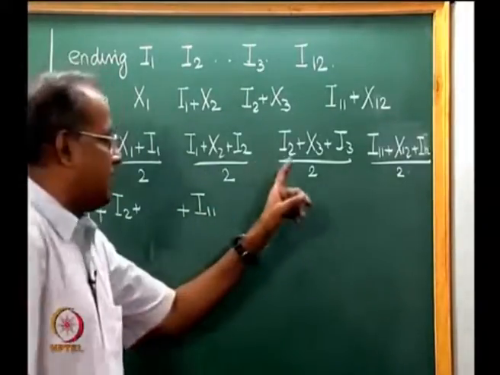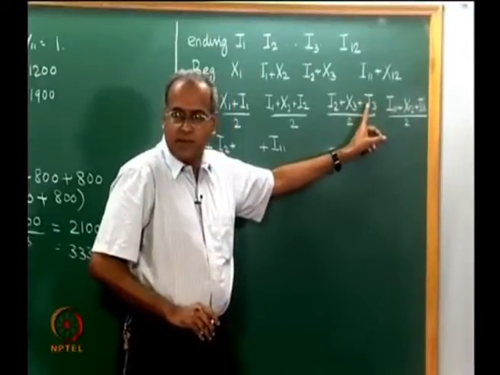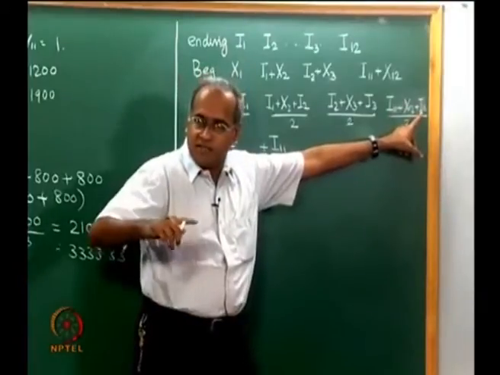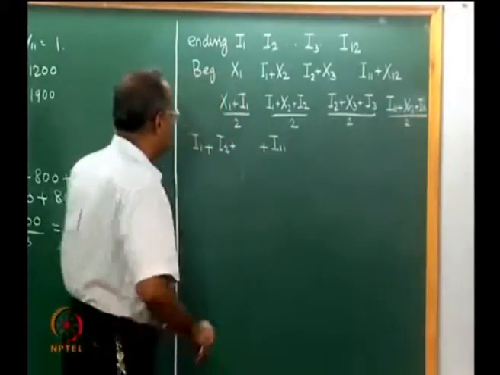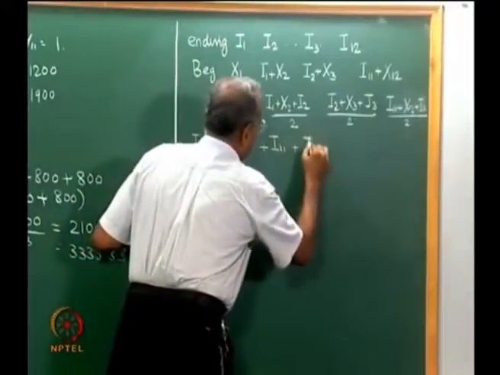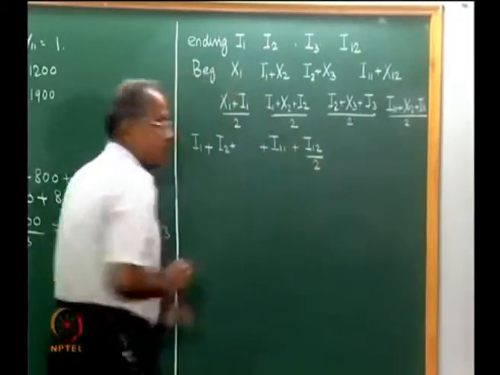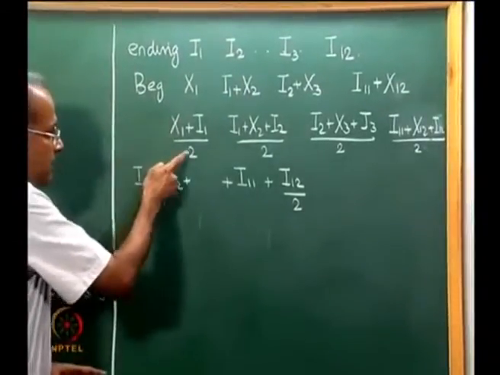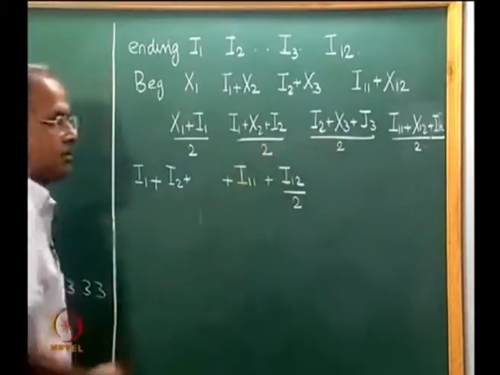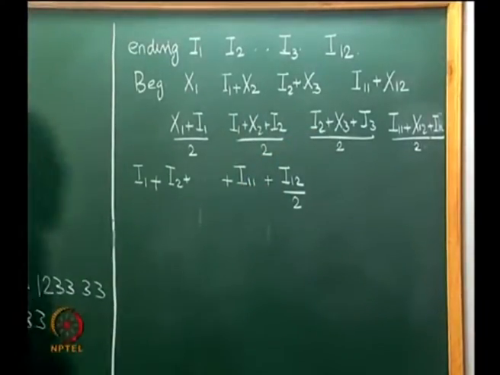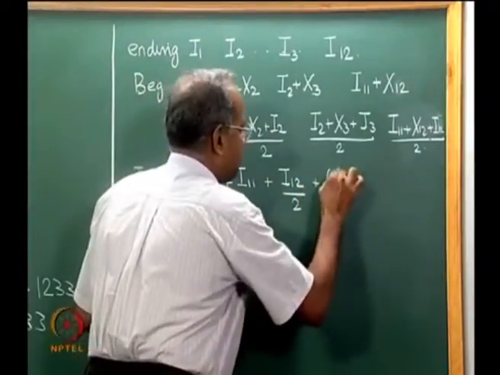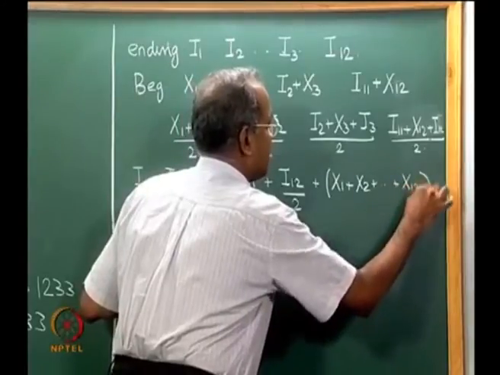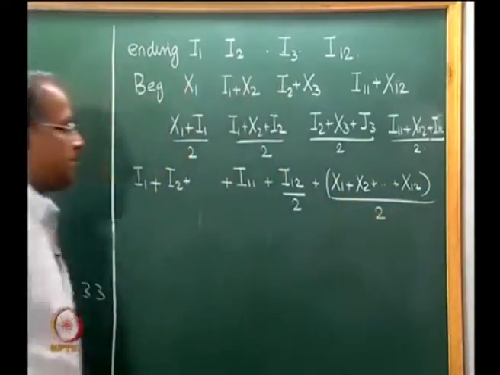The I11 will have a term from the previous, apart from here. I12 does not have a succeeding term because that is the last period. So up to I11 plus we will have I12 divided by 2, and then we are going to have x1 by 2 plus x2 by 2 plus x3 by 2 up to x12 by 2. So this will be plus x1 plus x2 plus etc. plus x12 divided by 2.